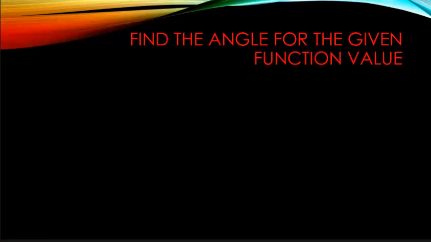Okay, so let's do some examples of finding the angle for the given function value. So you have to know your function, you have to know its value, use your inverse button to find the angle. So if I said, what angle has the cosine value of 1? How are you going to punch that in? You're going to, again, use your second button. Then you're going to hit your cosine because we're using the cosine.